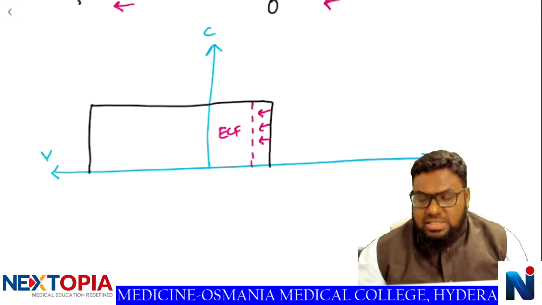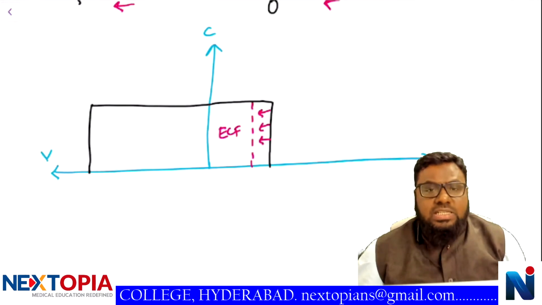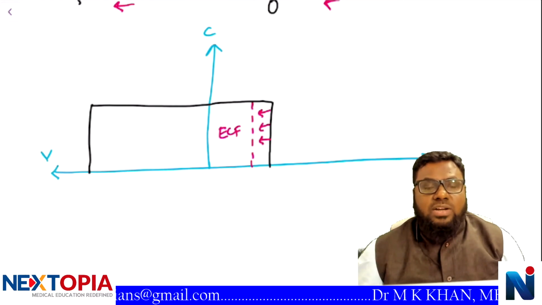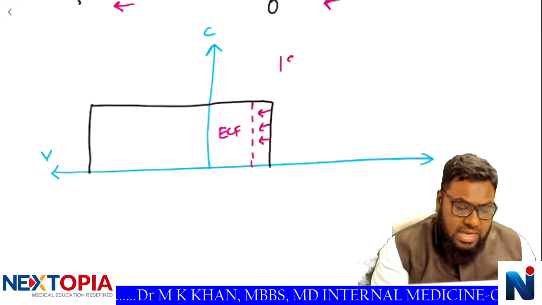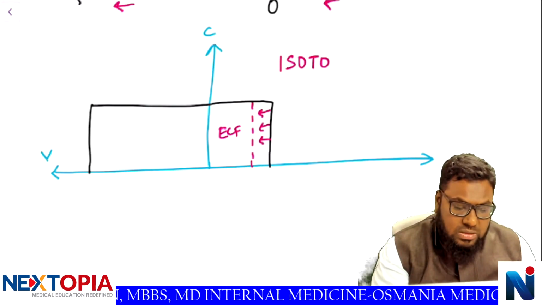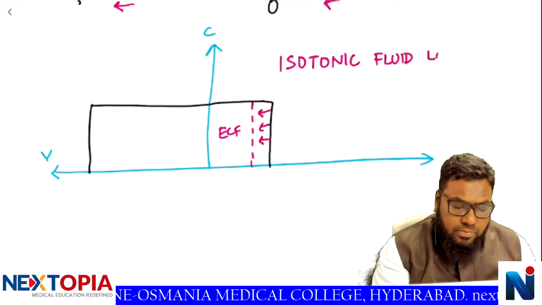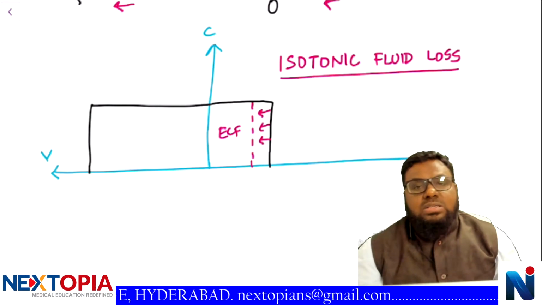What will happen to the intracellular fluid? There is no change in the intracellular fluid, because the concentration of solute is remaining the same. This concept is termed as isotonic fluid loss.